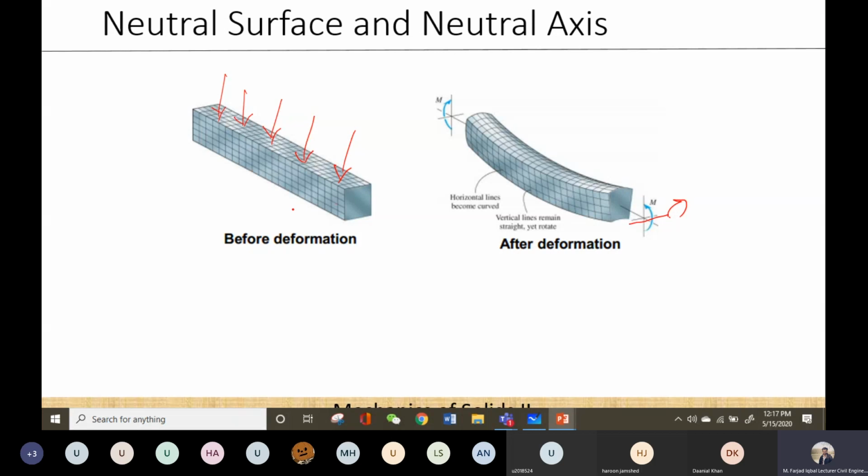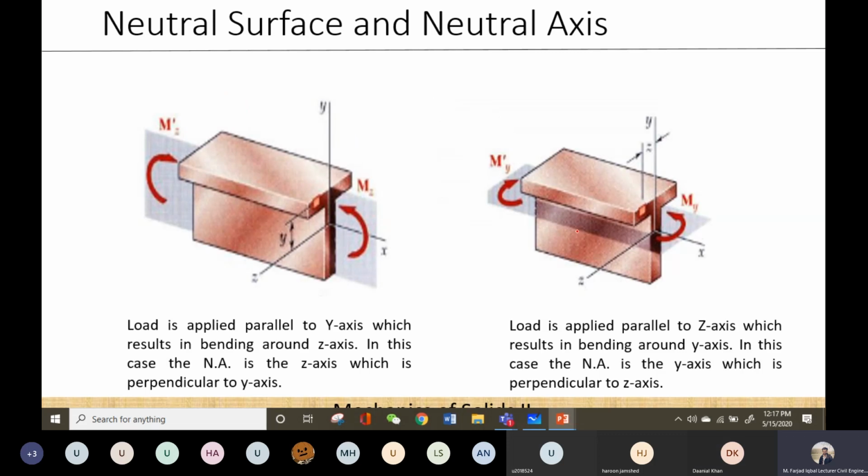In the other case, if the load is acting from this direction, how will the beam deflect? Something like this. In the previous case, the beam was deflecting in this shape. Now the beam is deflected in this shape, so the neutral axis changes.